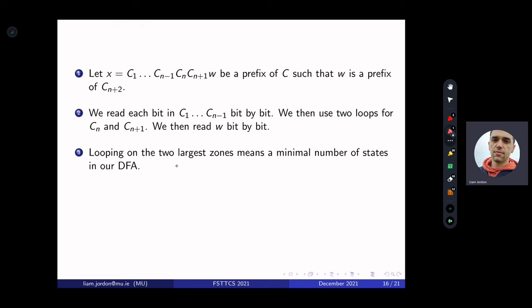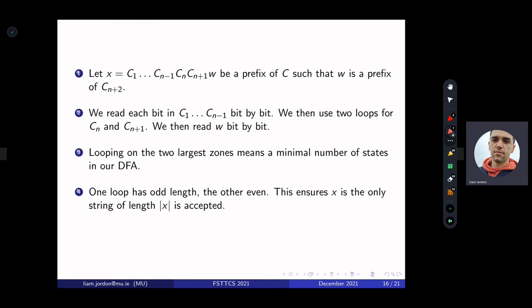Looping on these two largest zones again means we can reduce the number of states we need. And the fact is, one of these loops is going to have odd length, and one is going to have even length. That ensures that x will be the only string of its length that's accepted. For example, to read x, maybe you have to traverse the first loop 8 times and the second loop 9 times.